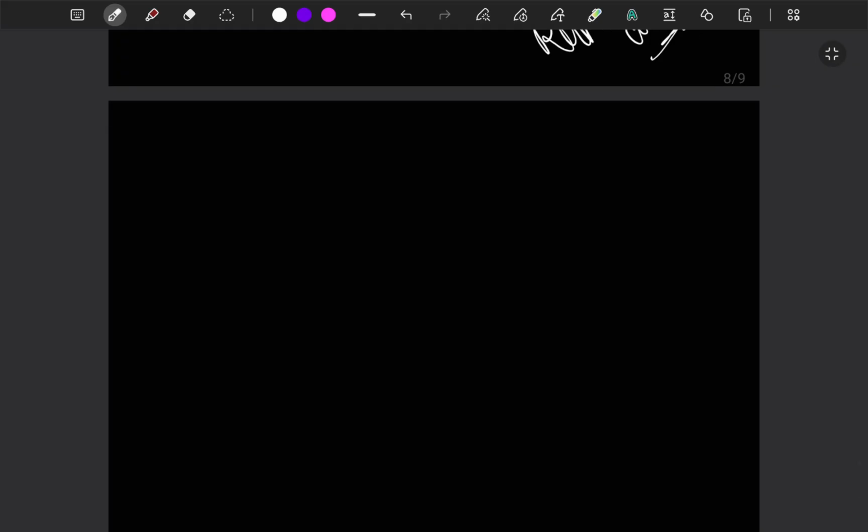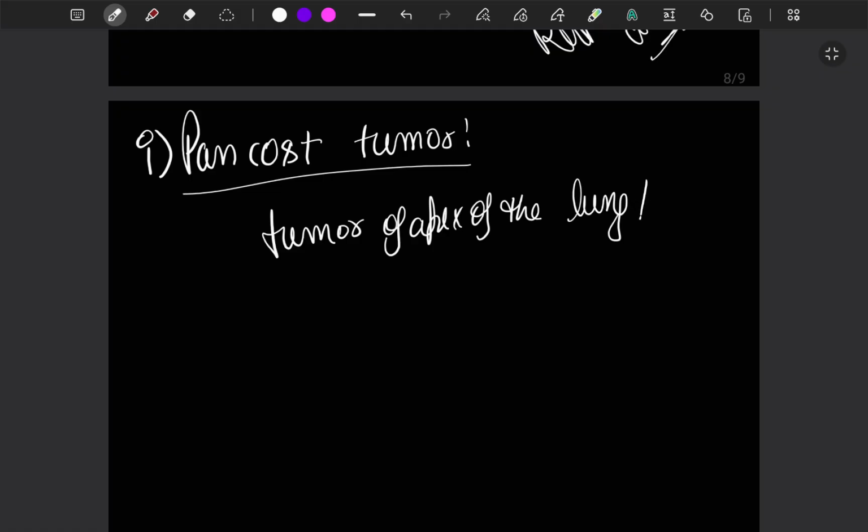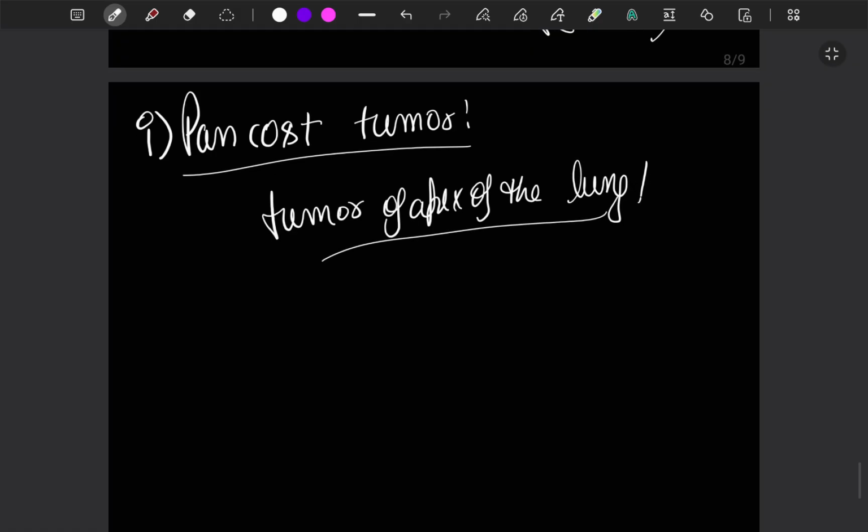Now let's talk about some clinical anatomy of lungs. First of all, there is something called Pancoast tumor. Now what is Pancoast tumor? It is the tumor of the apex of the lung. Typically, whenever a tumor happens, it leads to compression of the structures surrounding that organ.